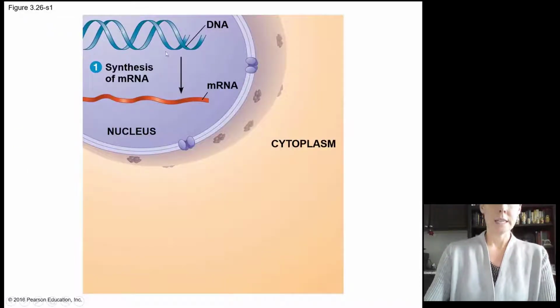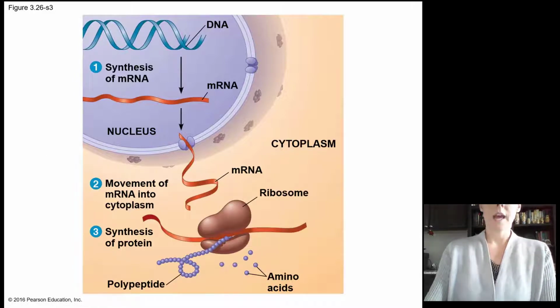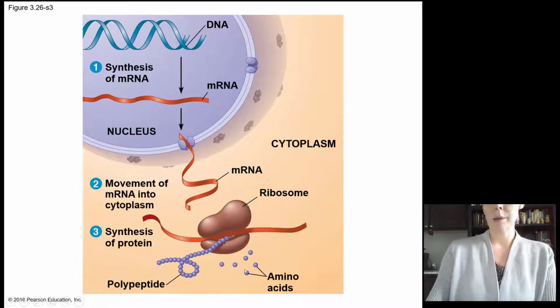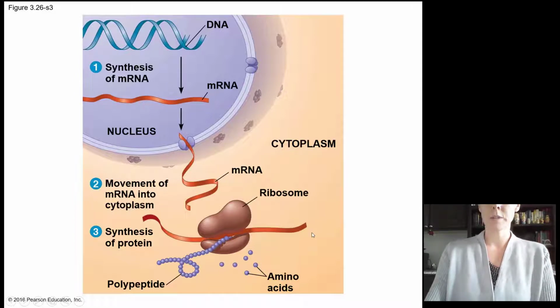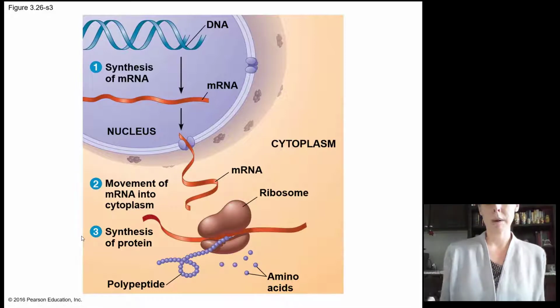Our strand of DNA makes a messenger RNA. The messenger RNA leaves our nucleus and gets into the cytoplasm of the cell, the guts of the cell. It comes over to a ribosome and tells that ribosome how to make amino acids. And those amino acids, as we know, become a polypeptide, which becomes a protein.